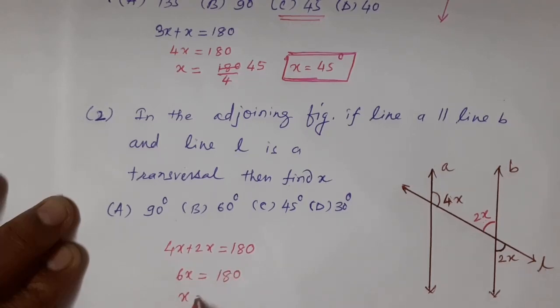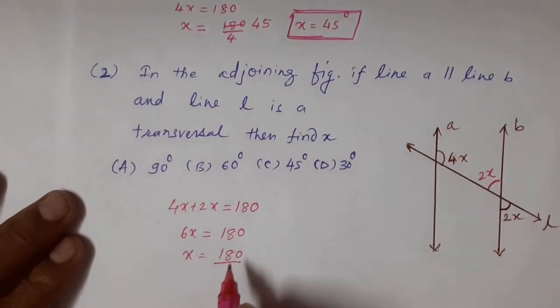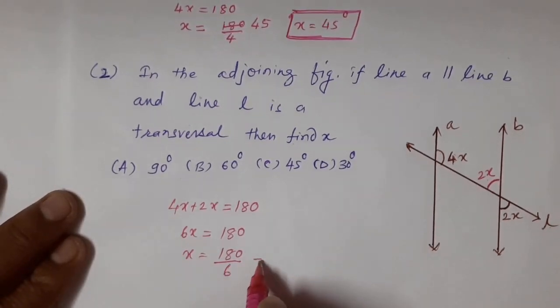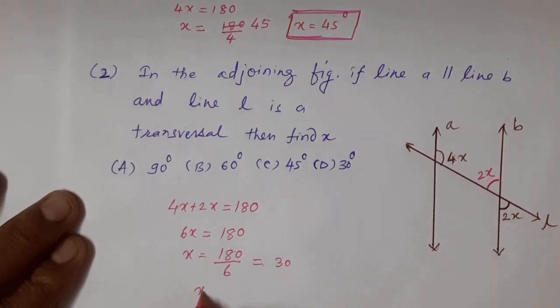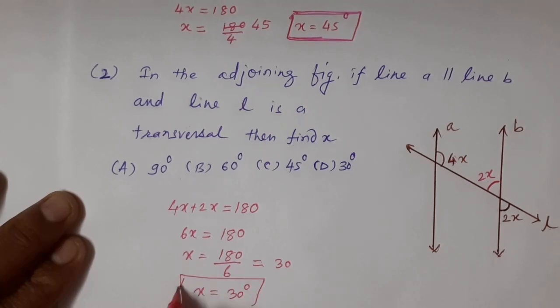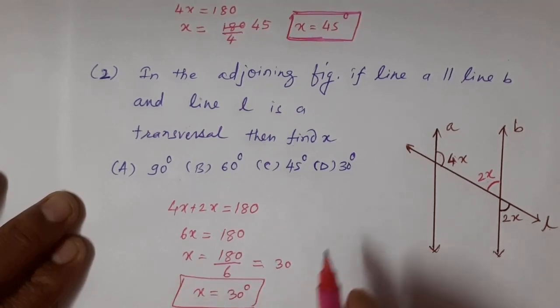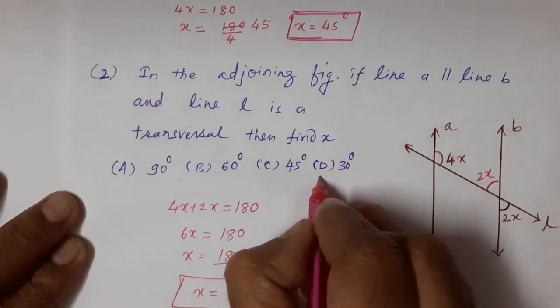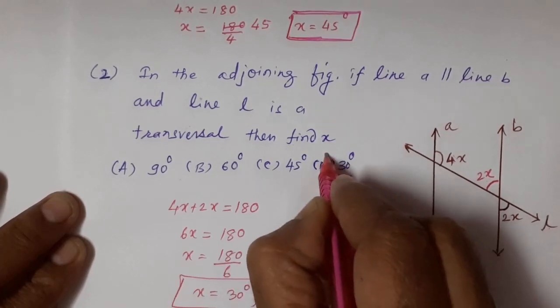That is why x is equal to 180 divided by 6, that comes out to be 30. So x is equal to 30 degree. That is your final answer. So you have to choose option D.